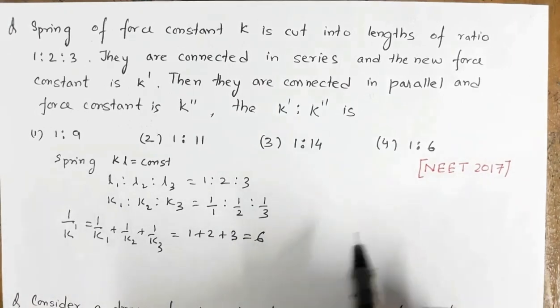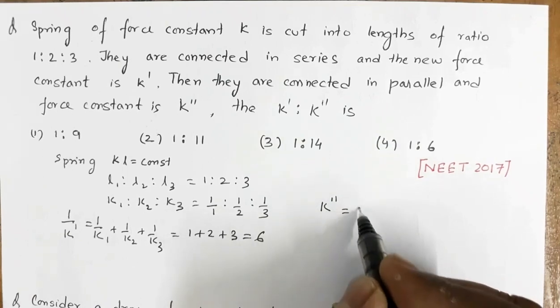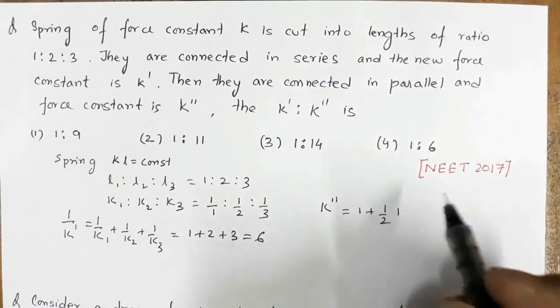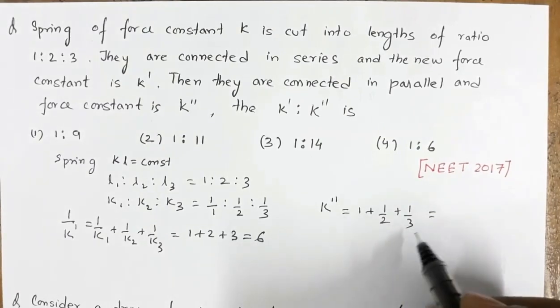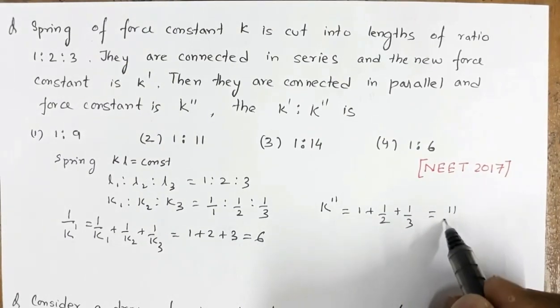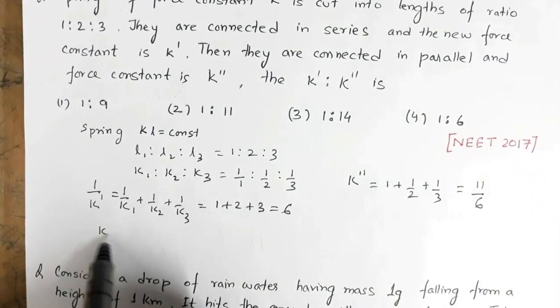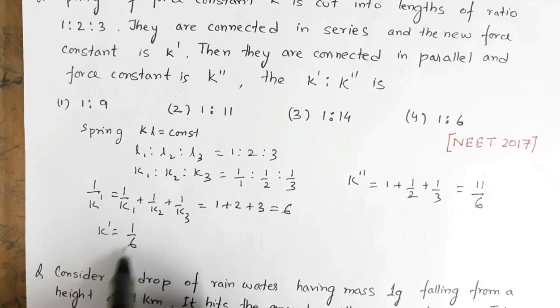Okay, now similarly when they are connected in parallel, K double dash will be equal to 1 plus 1 by 2 plus 1 by 3. Okay, so this is how much? 11 by 6. Okay, now remember this K dash, it is 1 by K dash is 6, so K dash is 1 by 6.